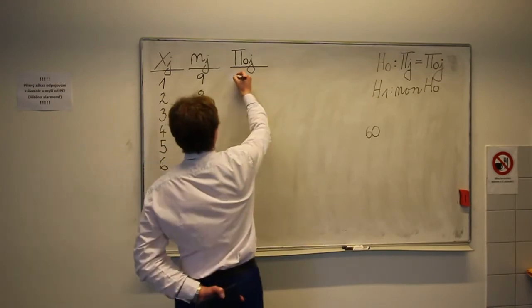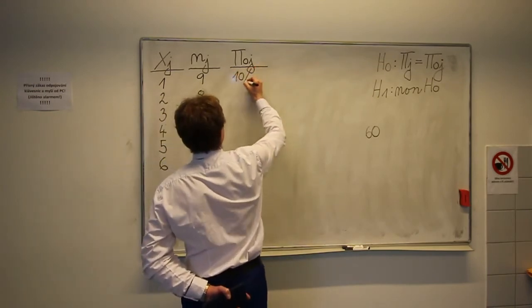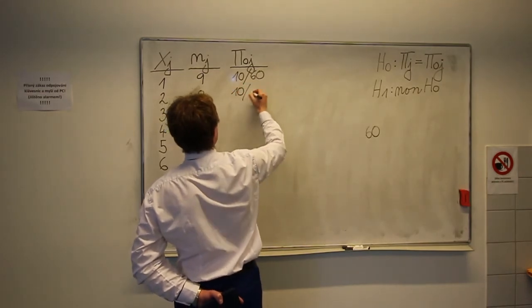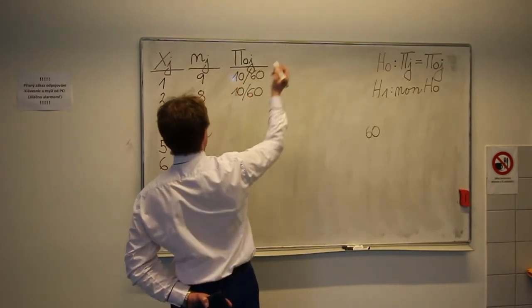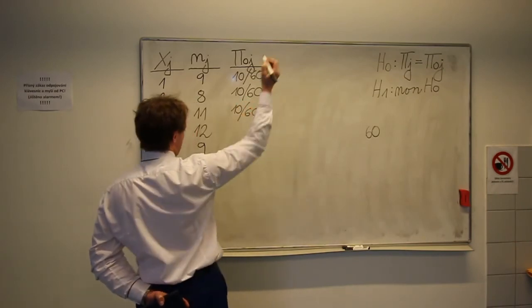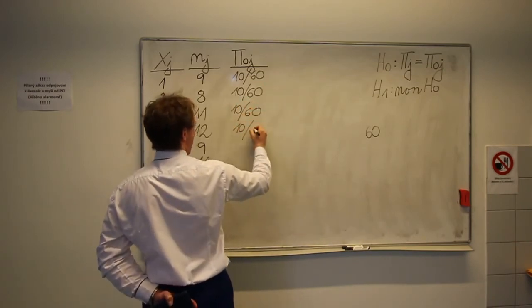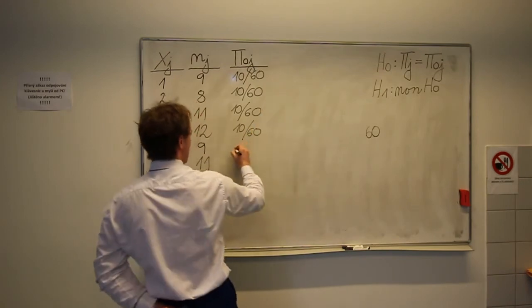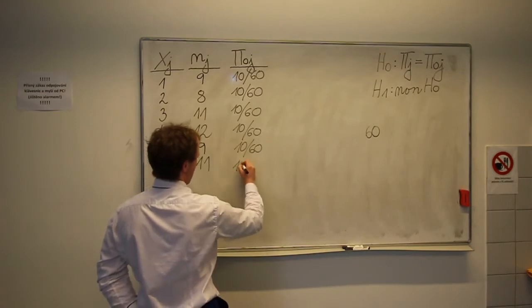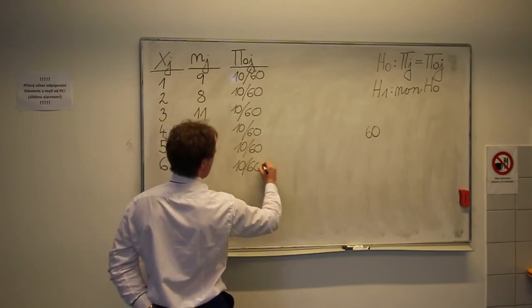Which one? 10 divided by 60, here 10 divided by 60, here 10 divided by 60, 10 divided by 60, and here 10 divided by 60.